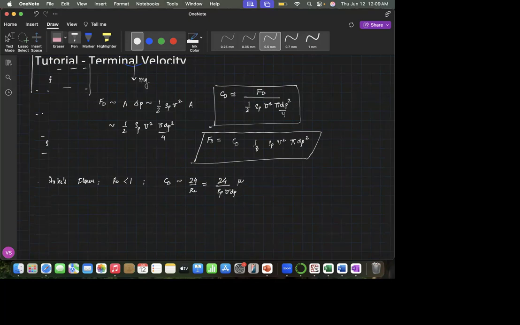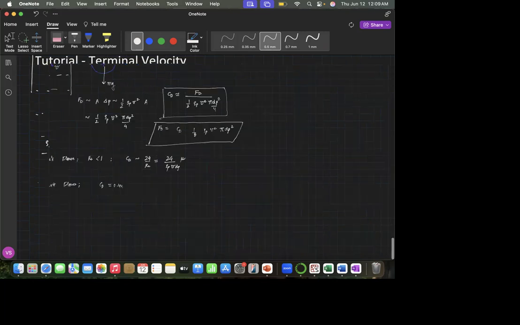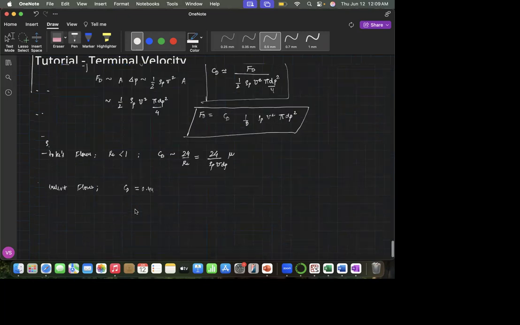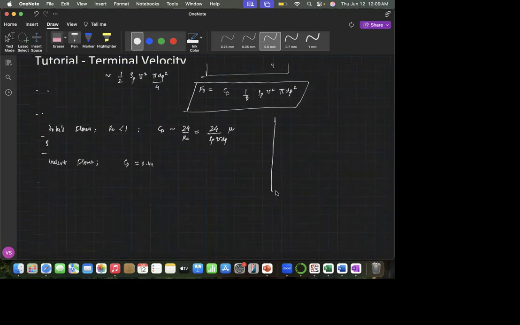And for turbulent flows, the drag coefficient becomes a constant, 0.44. So this is how the drag coefficient varies with the Reynolds number, something of this sort. For low Reynolds numbers, we have it going as 1 over Re. For high Reynolds numbers, it goes as 0.44, right?